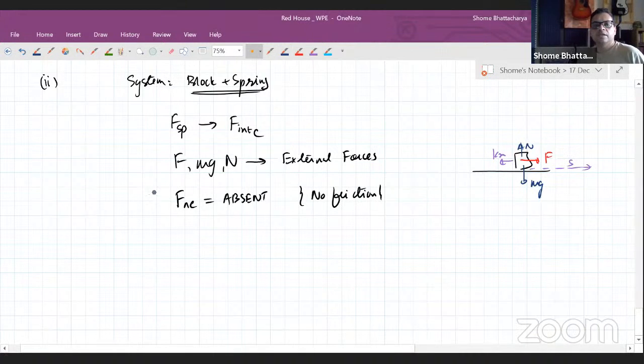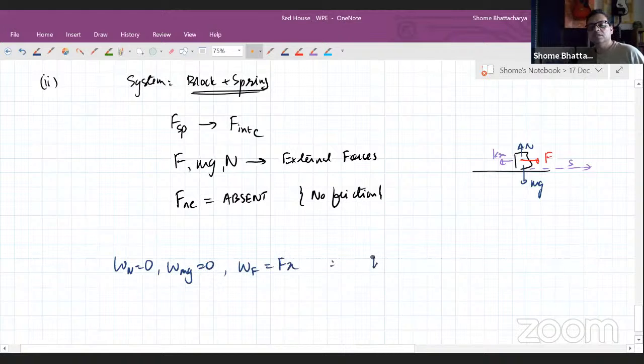Okay. So we know that work done by normal reaction is 0, work done by mg is 0, work done by F is equal to Fx. So in general, the total work done by external force is nothing but work done by F, which is Fx. Now, the internal conservative force is the spring force.